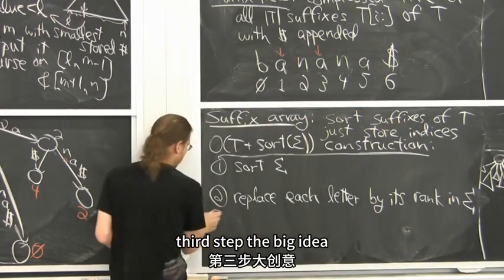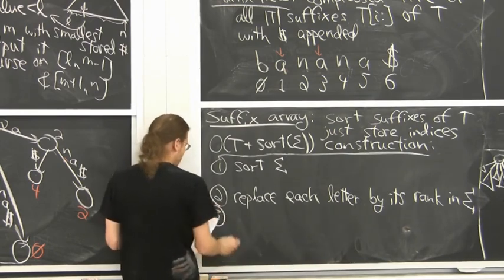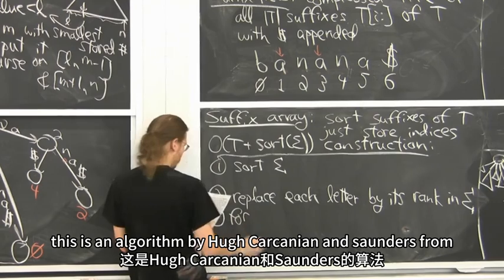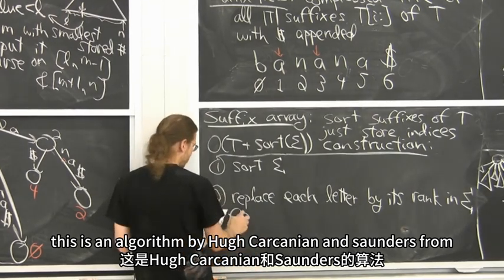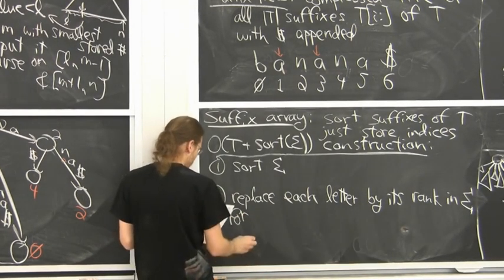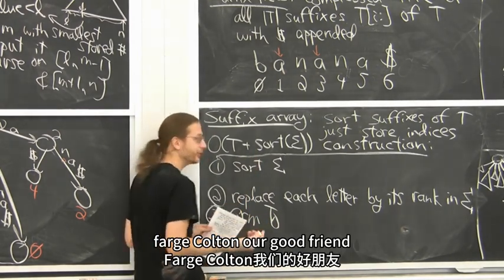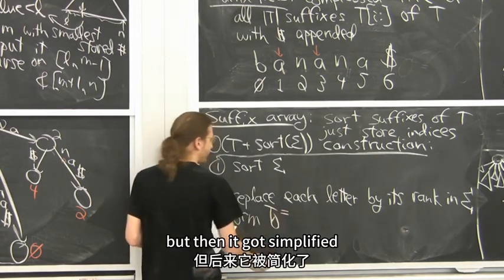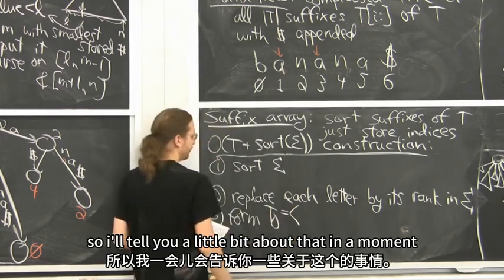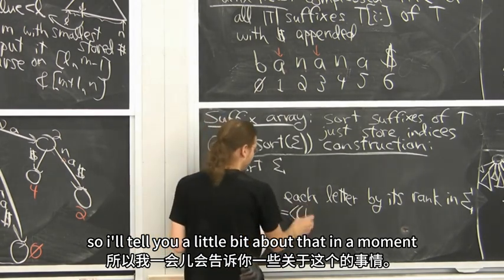Third step, the big idea. This is an algorithm by Kärkkäinen and Sanders from 2003. The problem was first solved in this running time by Martin Farach-Colton, our good friend. But then it got simplified. So I'll tell you a little bit about that in a moment.